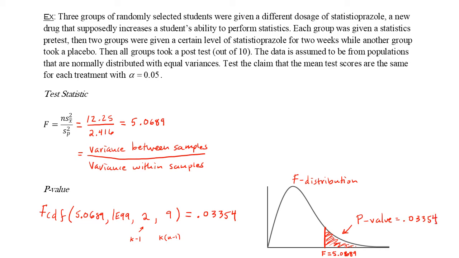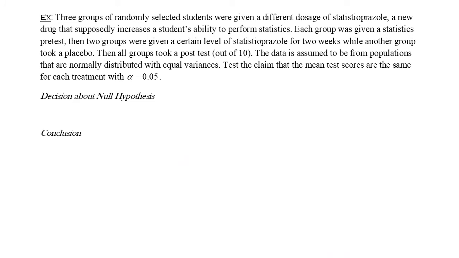And now comparing that with our significance level of 0.05, it looks like here our p-value is smaller. So since our p-value here, .03354, was less than our significance level of 0.05, we're going to be able to reject the null hypothesis.